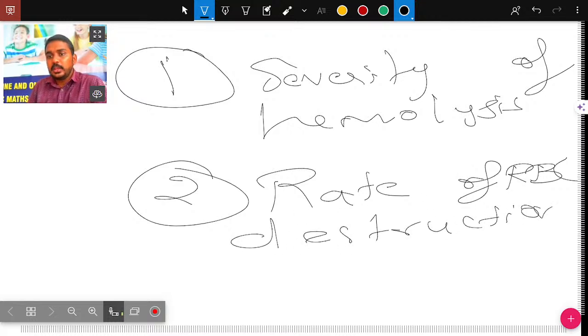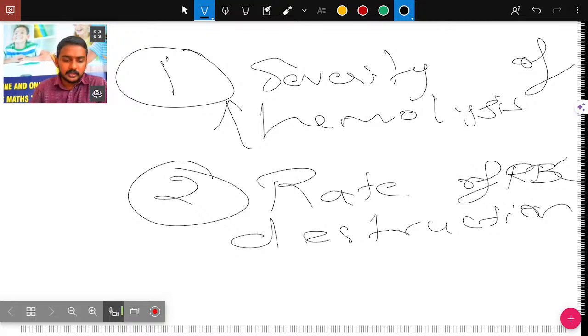So if hemolysis severity increases, proportionately these clinical features will also increase in intensity. And if the rate of RBC destruction increases, which means more hemolysis, again the same thing.